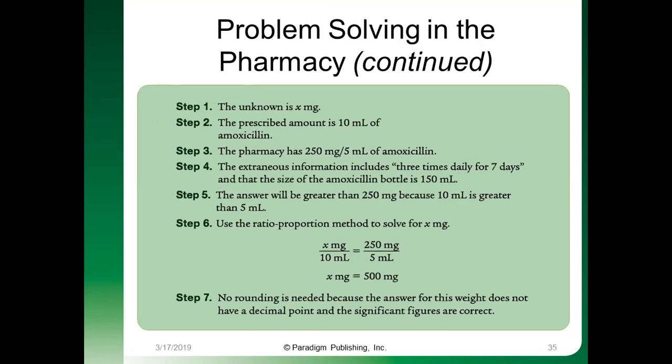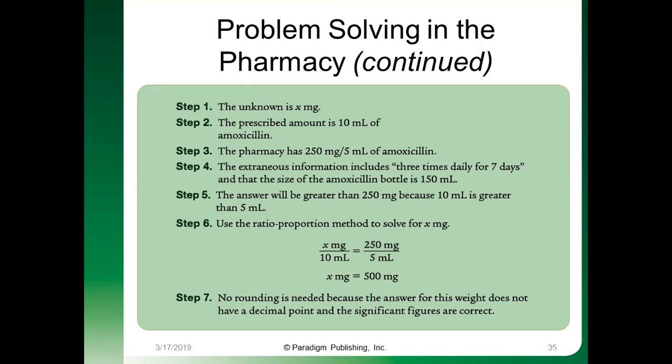The pharmacy has 250 milligrams per 5 ml. Extraneous information includes 3 times daily for 7 days, and the size of the amoxicillin bottle of 150 mLs. That information we don't care about. So the answer will be greater than 250 milligrams because there's 10 mLs. So this is our estimate, right?